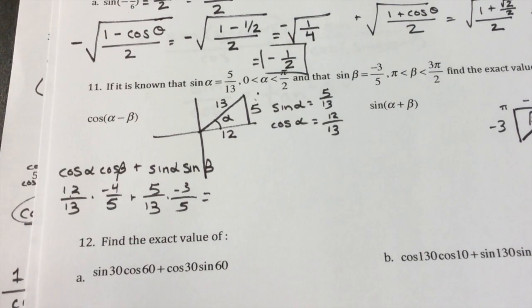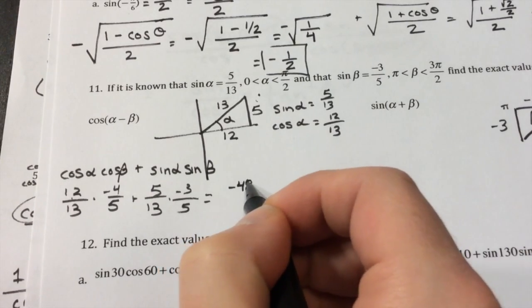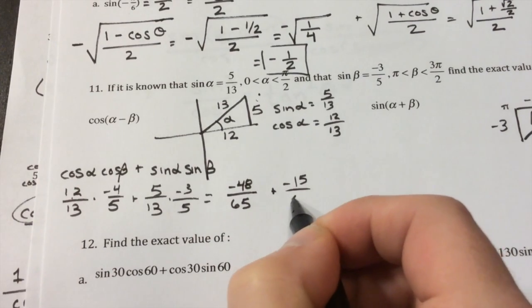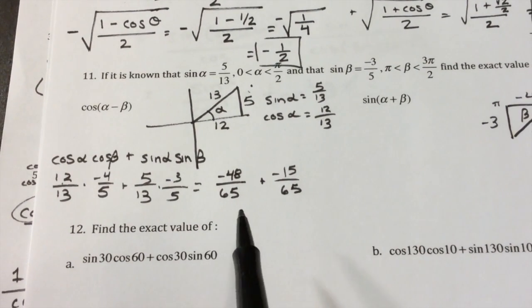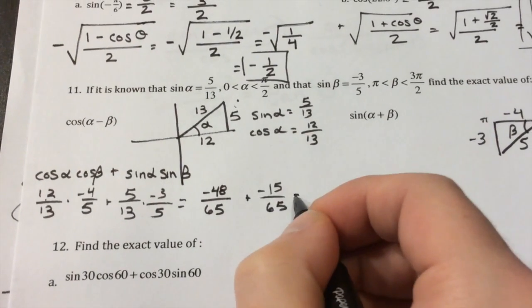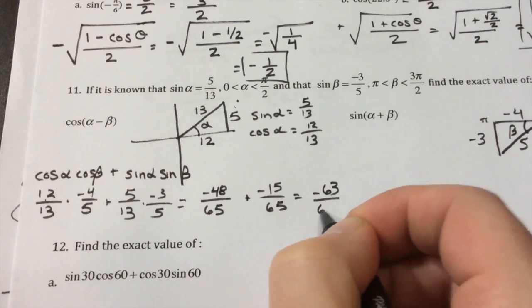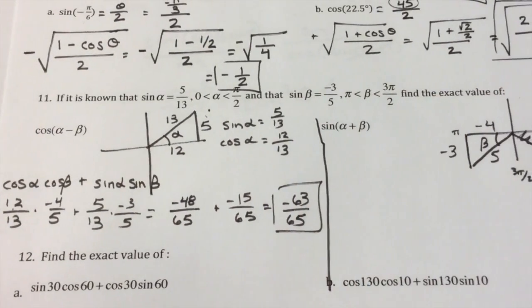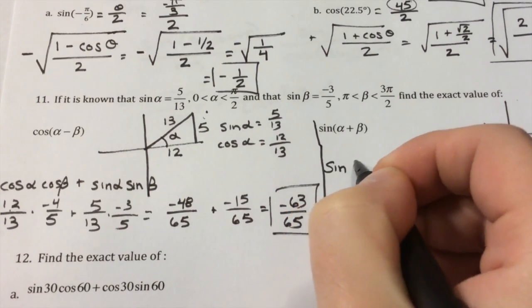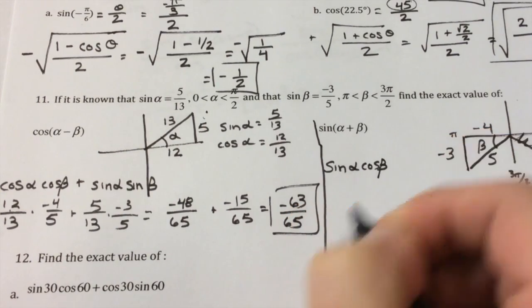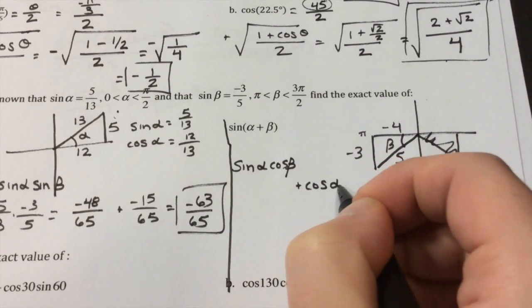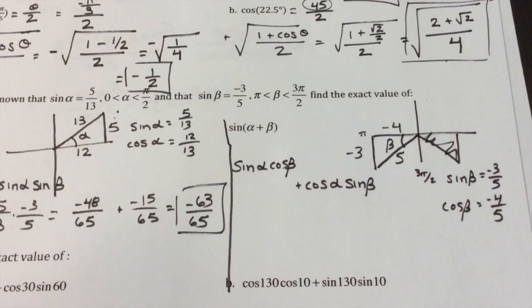So 12 times negative 4 is negative 48 over 65, plus negative 15 over 65. So that becomes negative 63 over 65. Next up, for sine, sine is slower, so sine alpha, cosine beta, signs stay the same, plus cosine alpha, sine beta.